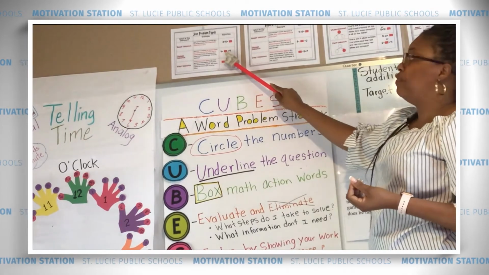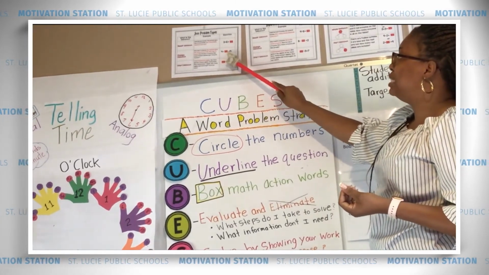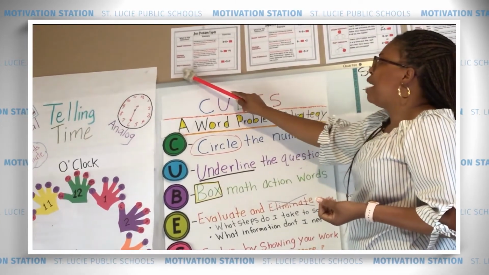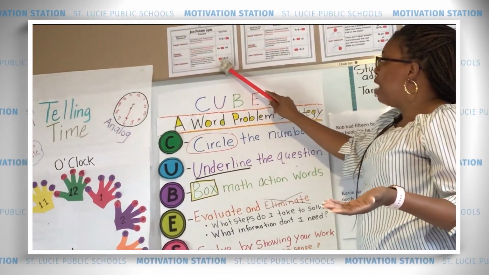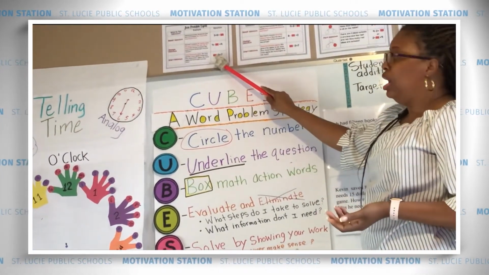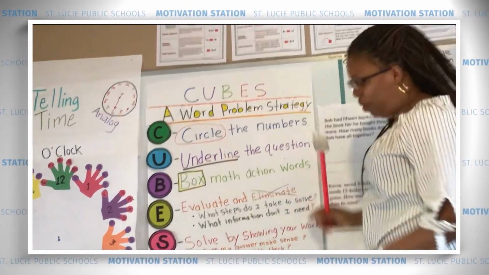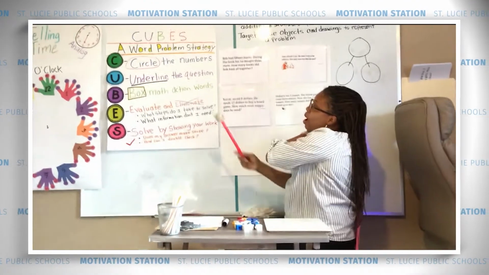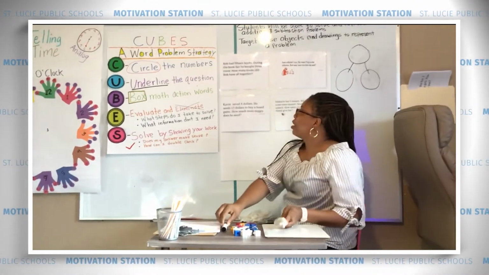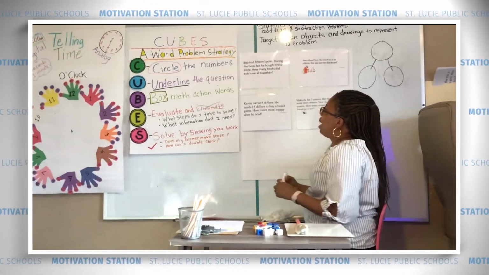We have to work to figure it out. So the change is unknown, that second number is unknown. And then we might have a problem where what we begin with is unknown and we have to figure that out. So boys and girls, we're going to start working on these problems. We're going to go through our word problem poster and use each step as we solve.